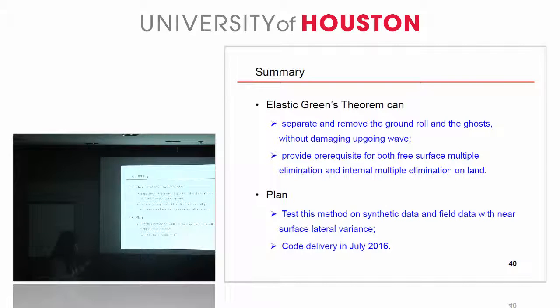This work is aiming to be a piece of that strategy for onshore internal multiple elimination. And we will keep you posted on this progress. For the next step, I'd like to test this method on synthetic data and field data with near surface level variance. And I plan to deliver the code in July 2016.